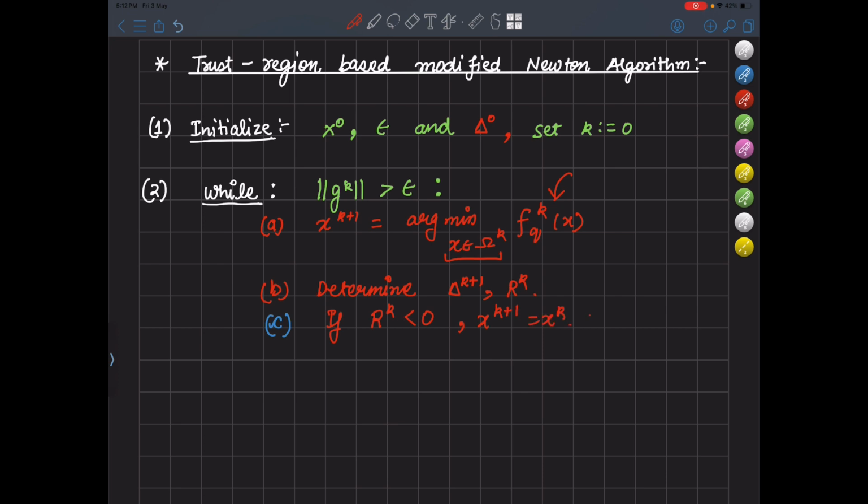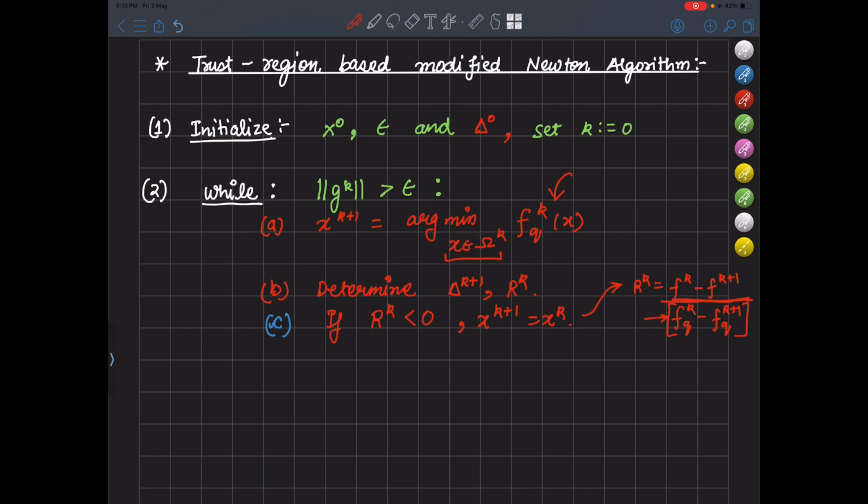So let us understand this step properly. So rk is given as fk minus fk plus 1 upon fqk minus fqk plus 1. Now because we are doing a quadratic function, this will always be positive because xk plus 1 for the approximate function is always less than at xk, because it is reducing.